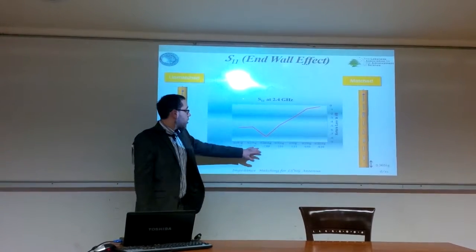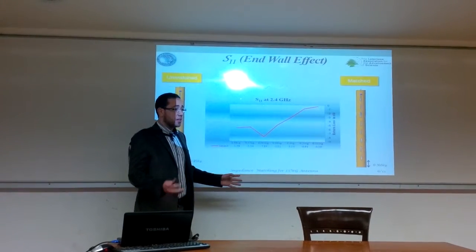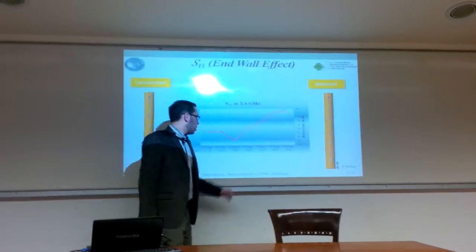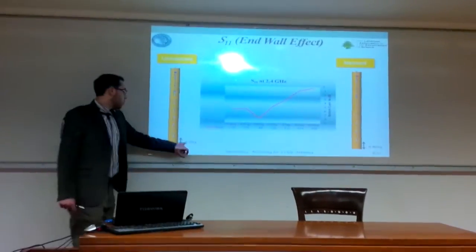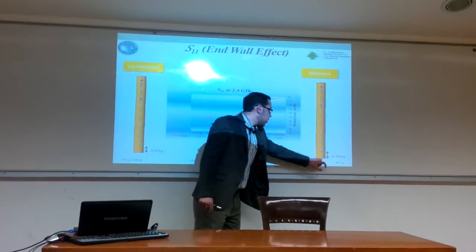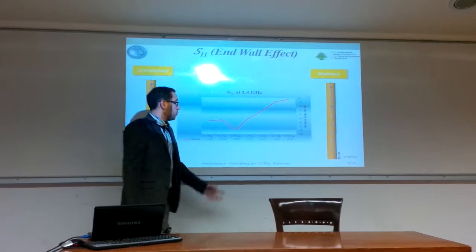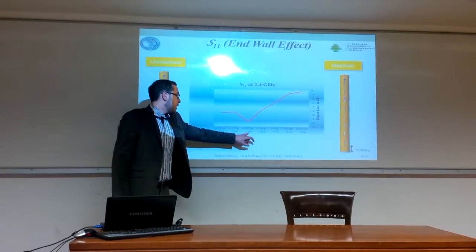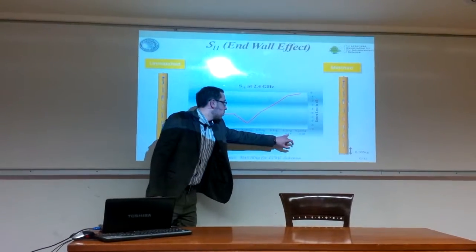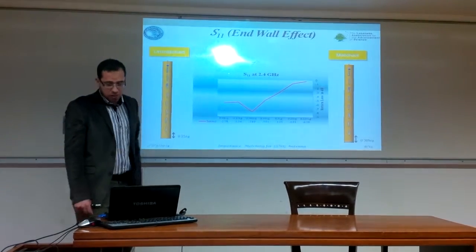We got almost minus 8 dB, which is not enough because we are seeking minus 10 dB as a return loss. So instead of a quarter lambda g, we moved the end wall to 0.365 lambda g, and the output was minus 8 dB instead of minus 1. So that's the first optimization.